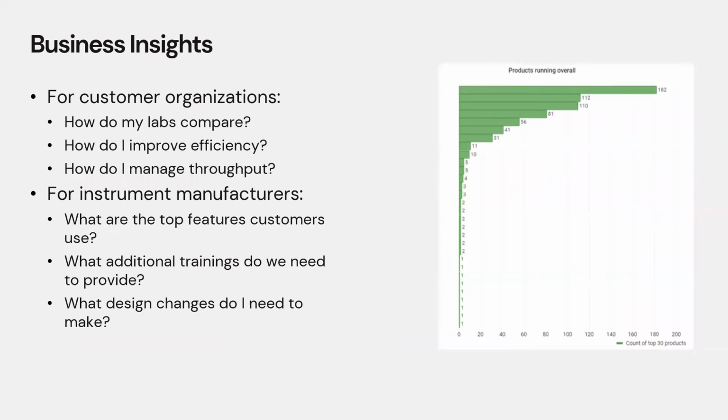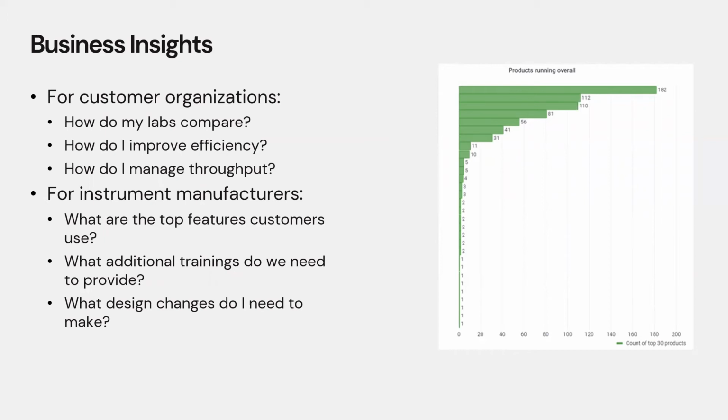On the business insight side, for customers, you can also step up from a particular lab into the entire organization that looks at all your labs and ask, what's the performance across all my labs? How does it compare to each other? Why are there particular issues? Why is one lab more efficient than another? How do we manage the throughput?